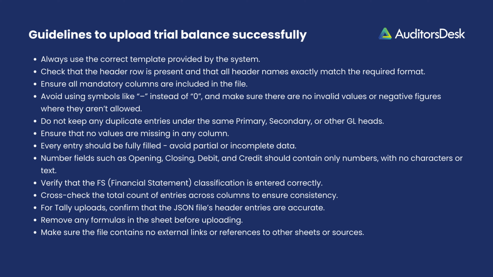Before uploading, cross-check the total number of entries in each column to ensure consistency. If you're uploading from Tally, make sure the JSON file contains the correct header details. And finally, remove any formulas as well as any external links or references from the sheet. Following these guidelines will help ensure a smooth and error-free trial balance upload.